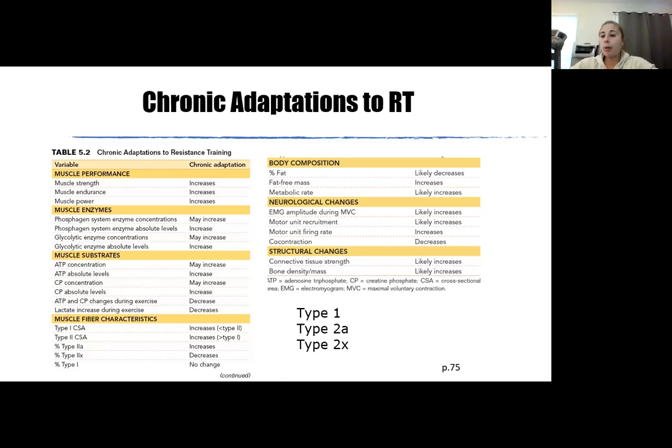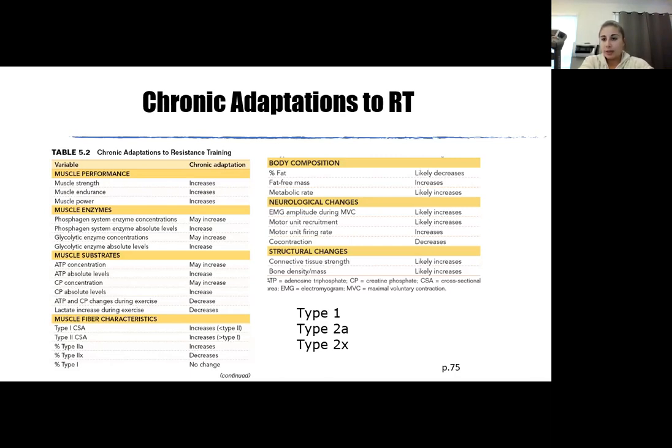And we also know that hypertrophy happens. So the cross-sectional area, CSA, if you see that in the chart under muscle fiber characteristics, we see an increase in cross-sectional area, and we'll talk about that, which means that the muscle fiber gets bigger, and that is hypertrophy. Again, understanding that this is happening with the type 2 fibers with resistance training.